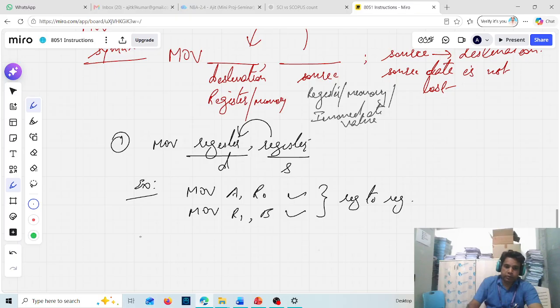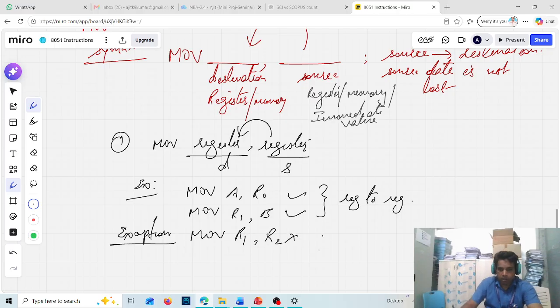However, there is an exception: you cannot write MOV R1, R2. This is wrong. Why? In general, you can't move data between any register Rn and Rm, where n is 0 to 7.